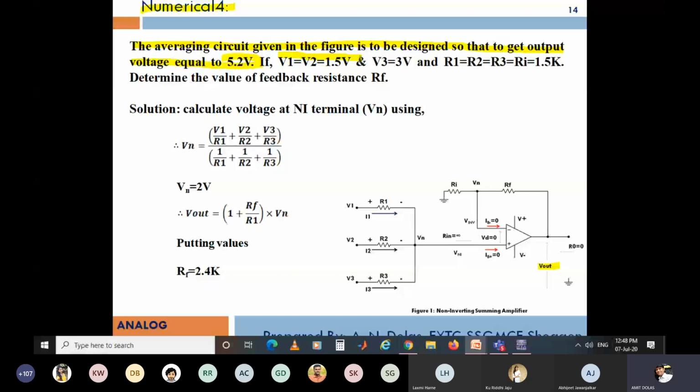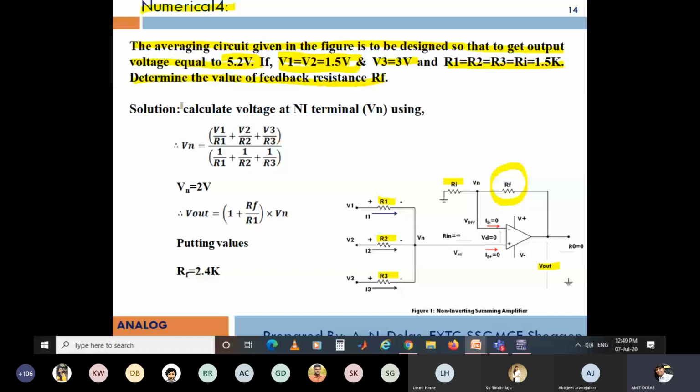V3 is 3 volt, and the value of R1, R2, R3 and Ri is 1.5K. Determine the value of feedback resistance RF. We are asked to calculate feedback resistance RF in this network. Such kind of problems may be asked in the examination. Of course, rarely it may be asked.